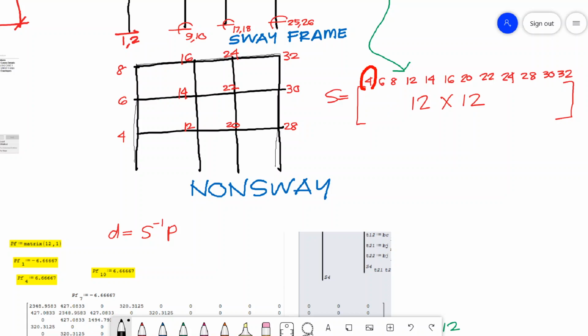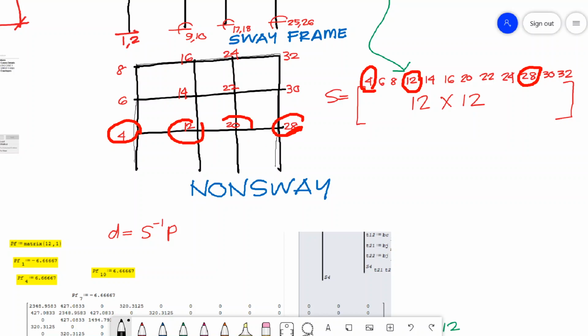So 1, 4, and 10. This is the active degrees of freedom wherein my load is applied, which makes sense because this is 4, 12, 28.